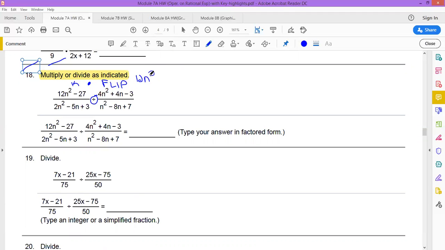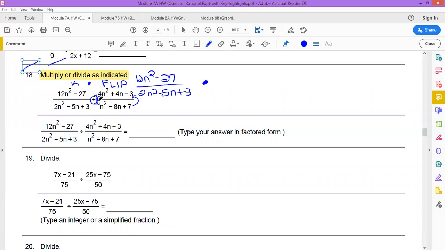12n squared minus 27 divided by 2n squared minus 5n plus 3. We want to change this symbol from division to multiplication. Remember, it's the same as multiplying by the reciprocal, but what is the reciprocal? We're going to flip this second fraction.